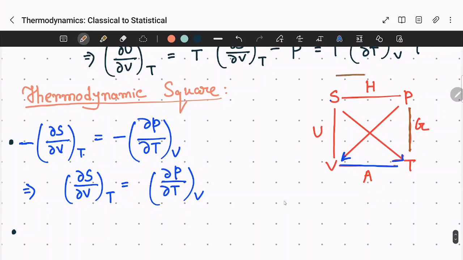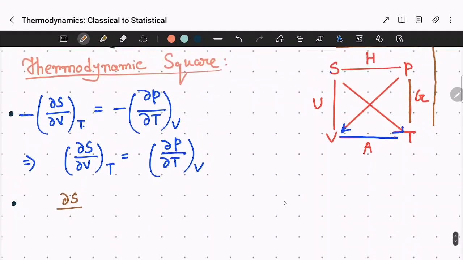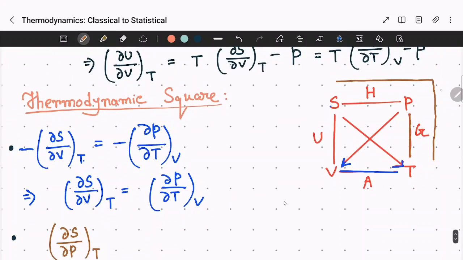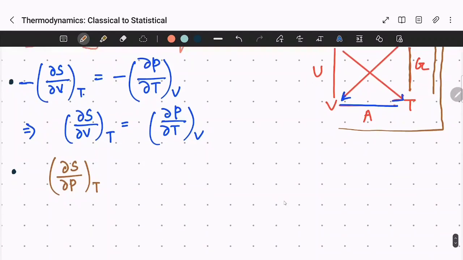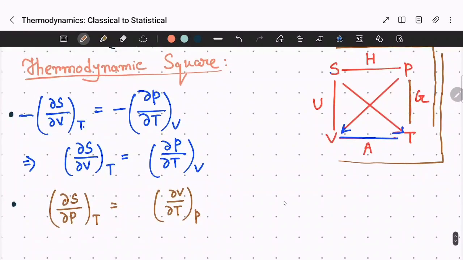First these, which means del S del P at constant T. This should be related to this, the edge should be shared. So this should be equal to del V del T at constant P.